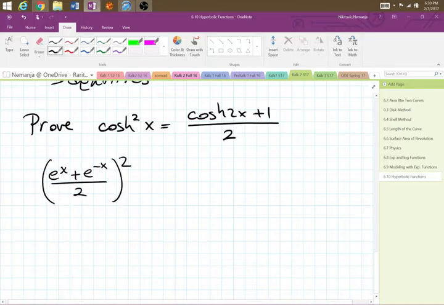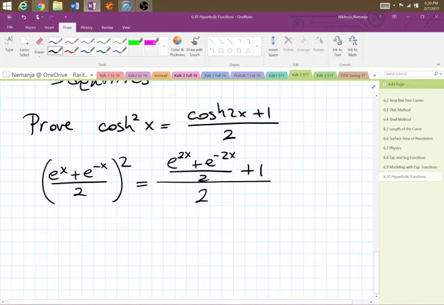Because for cosine hyperbolic squared, you take that square away, replace everything by what you can, and you will get that square there. Equals, and now you have on the other side, over 2, right? So that stays where it is. You have e to the 2x plus e to the minus 2x over 2, and then you have plus 1.